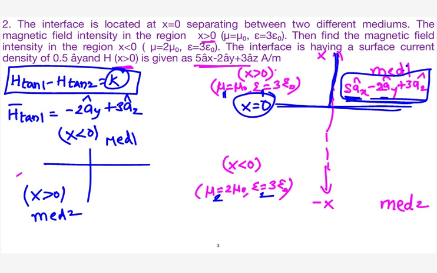In that case, you need to find the magnetic field intensity in the region where x is less than 0, since x greater than 0 is given. Right? Yes, sir.